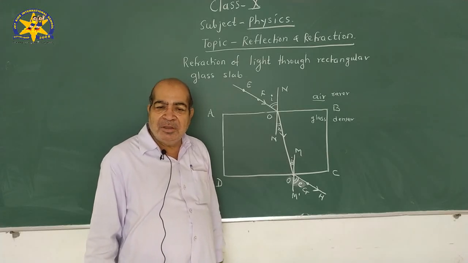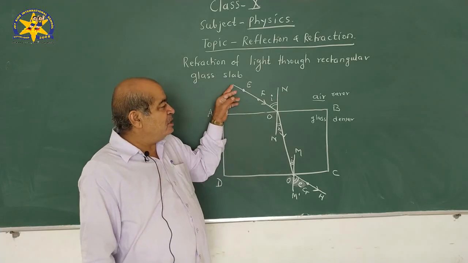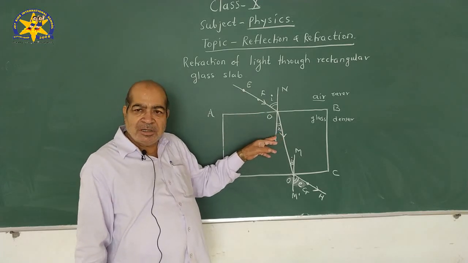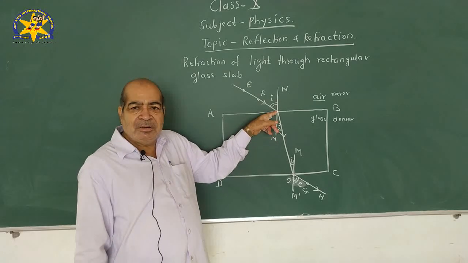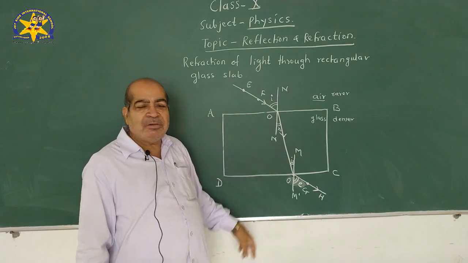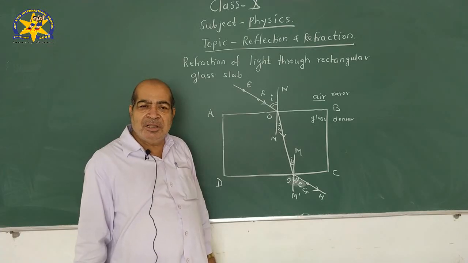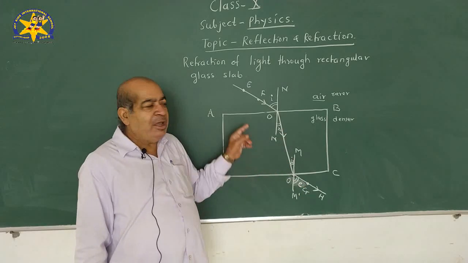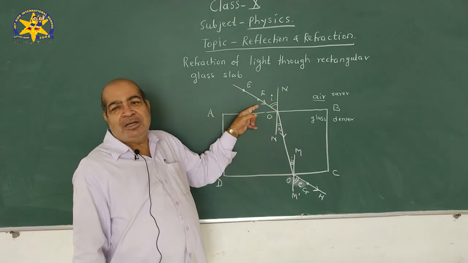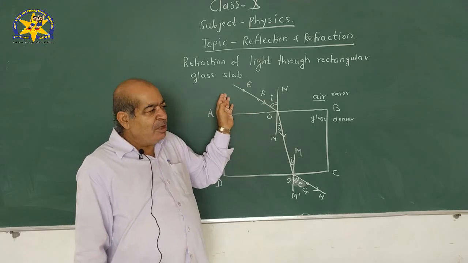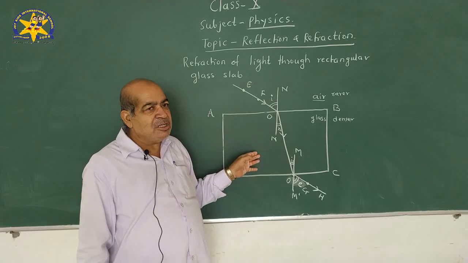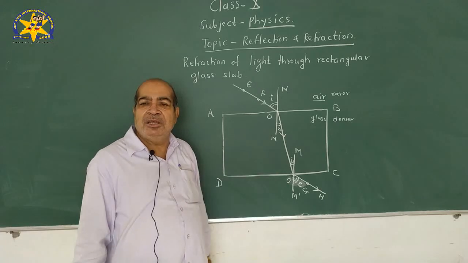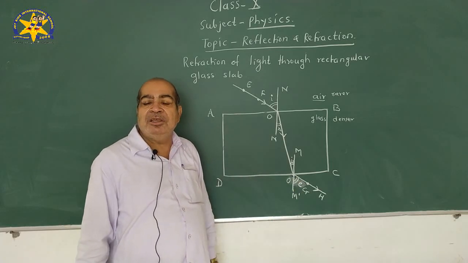So what are the two important conclusions? When light is traveling obliquely from the rarer medium to the denser medium, it bends towards the normal at the point of the interface, and when light is traveling from the denser medium to the rarer medium, it bends away from the normal.